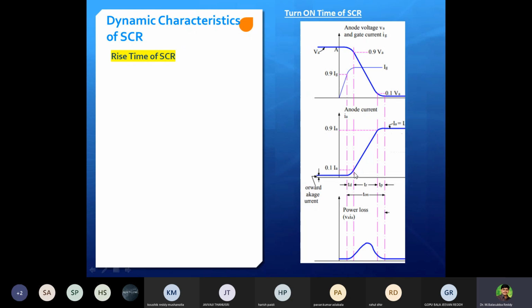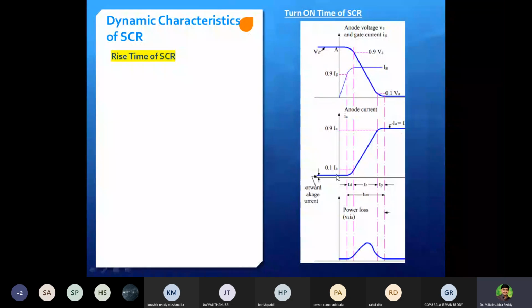This one I call the rise time. One simple statement we can mention for the rise time: the interval in which the anode current changes from 10 percentage to 90 percentage of its final value. You can see the anode current changing gradually.